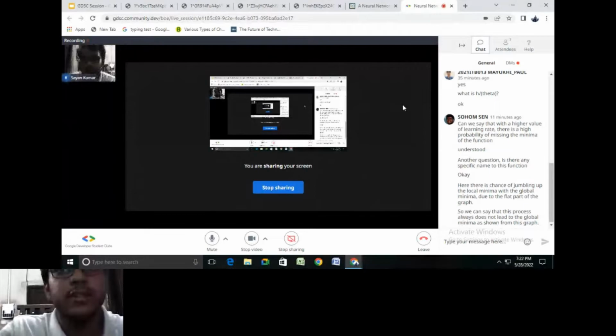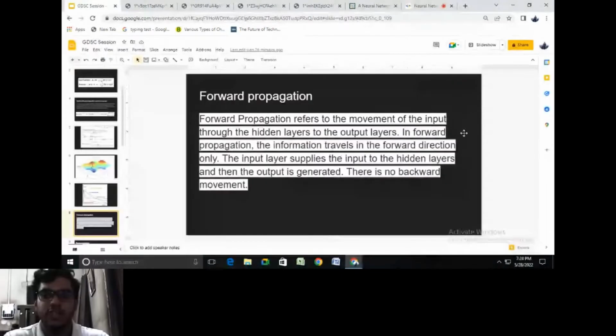So, what is forward propagation? In machine learning too, when we start off, we have some given parameters, and then the model runs on those parameters.